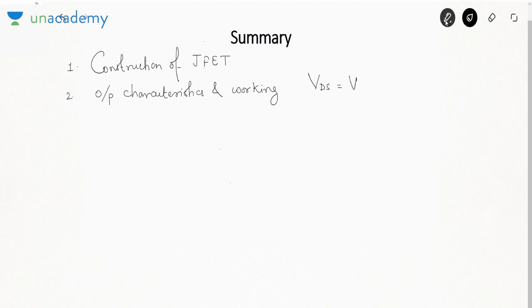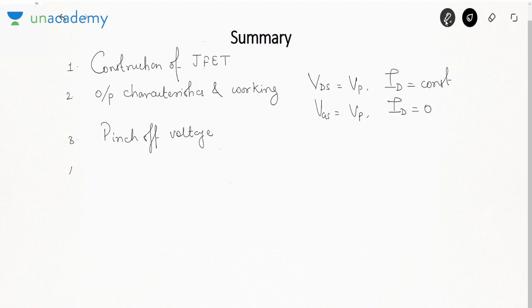If VDS equal to VP, the drain current does not become 0 but it becomes constant. If VGS equal to VP, the drain current becomes 0. We have seen the concept of pinch off voltage. Okay. Then we have seen the working of P channel JFET.